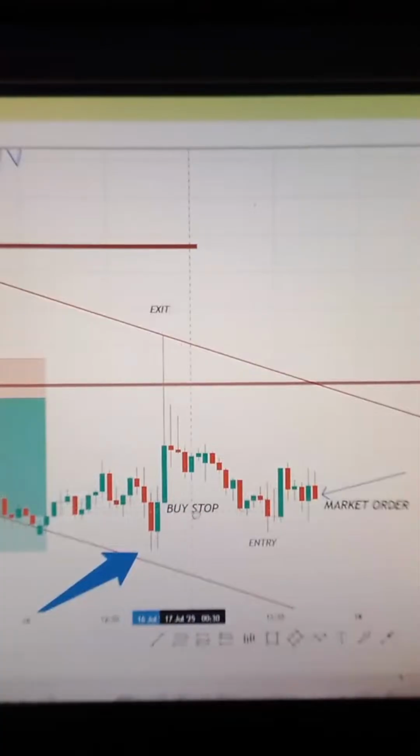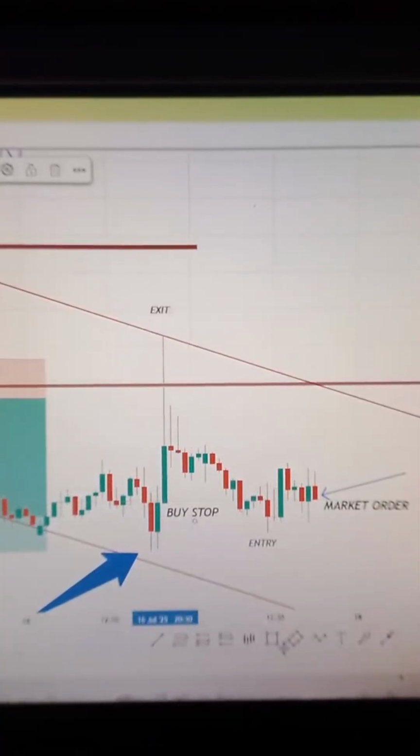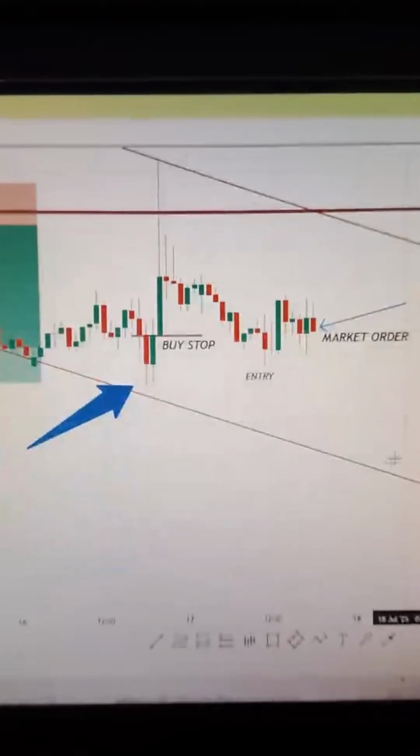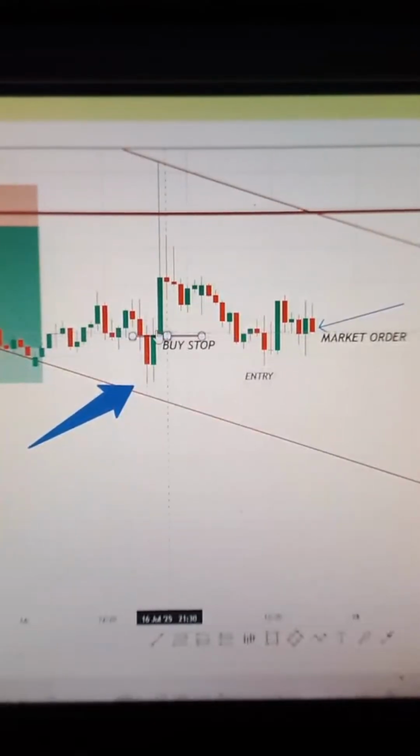I'll come and put my buy stop there, which is something like this. What my buy stop means is that once the market comes to this point here, it's going to trigger a buy for me. And once it keeps going up, I'll definitely be in profit. That is exactly how the buy stop works.